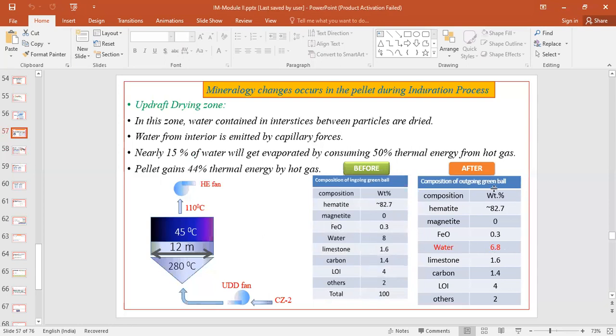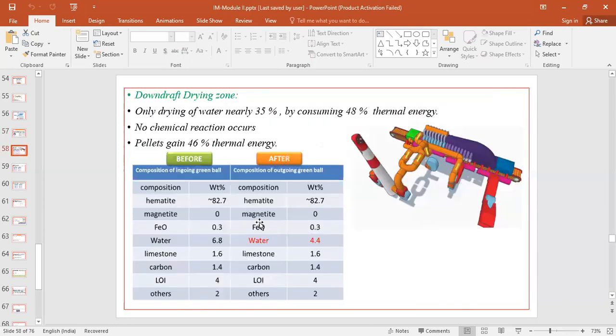Now this pellet composition moves further to the downdraft drying zone. The input chemistry has a water percentage of 6.8%, and after the downdraft drying zone it is reduced to 4.4%.